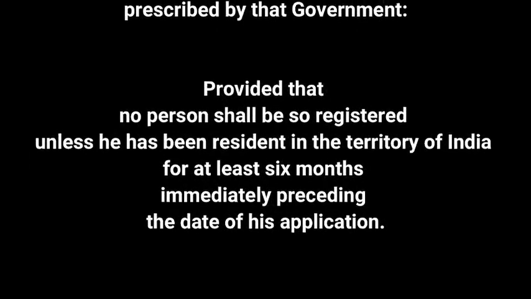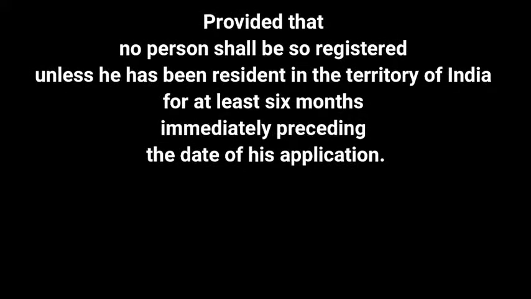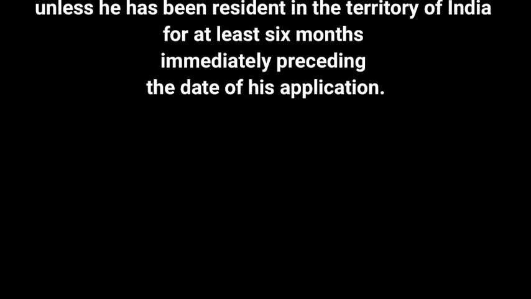Provided that no person shall be so registered, unless he has been resident in the territory of India for at least 6 months immediately preceding the date of his application.